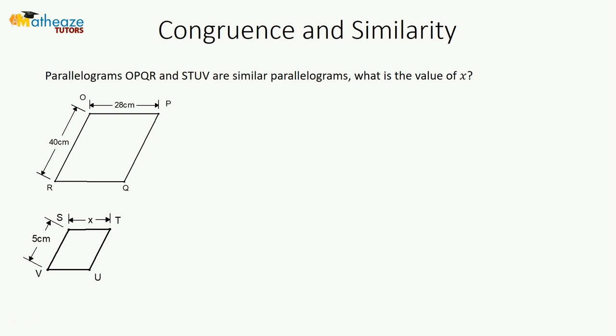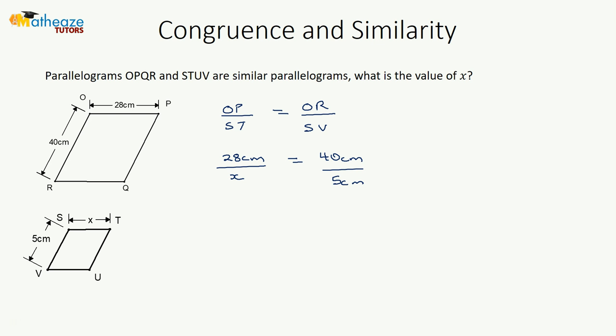Now with this parallelogram, we have the ratio of OP to ST must be the same as the ratio of OR to SV. So OP is 28 centimeters, ST is the unknown, OR is 40 centimeters, SV is 5 centimeters.